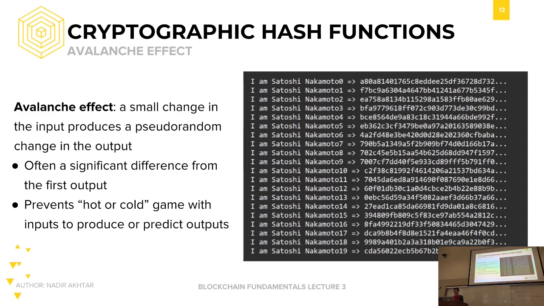In other words, if someone is trying to guess the input, we don't want them to play this game of hot or cold and try to figure out what some input is by just playing around with the output that they see. So there should be no correlation between a change in the input and a change in the output. Does that make any sense?